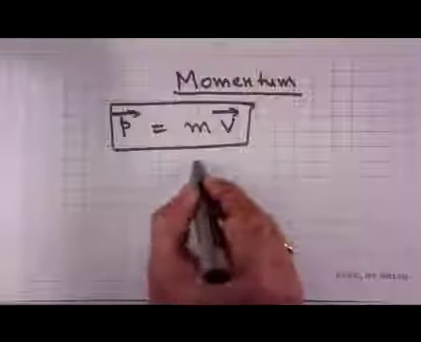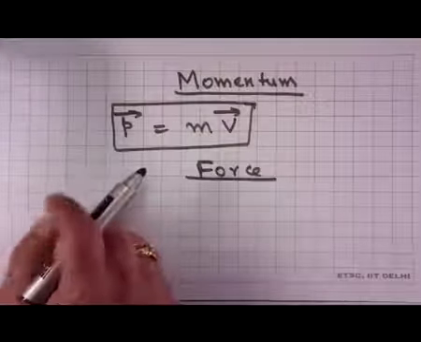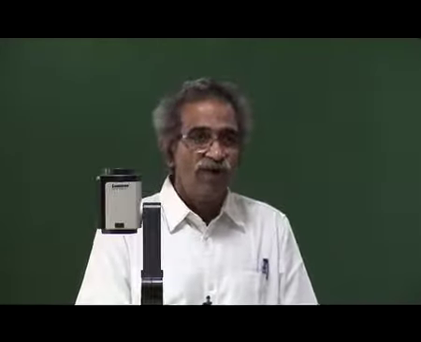So we want to have that kind of an additivity, and that is contained in the formulation of Newton's second law. So please remember, Newton's second law does not define a force.